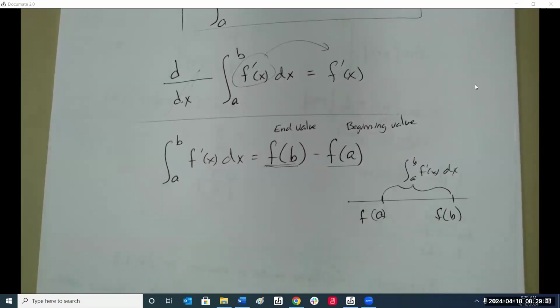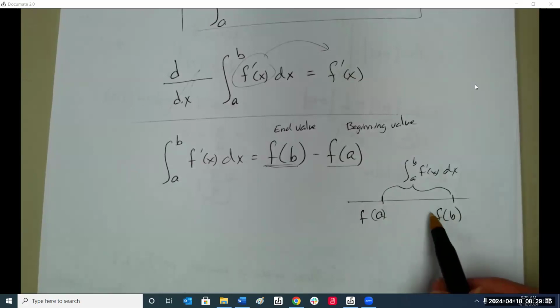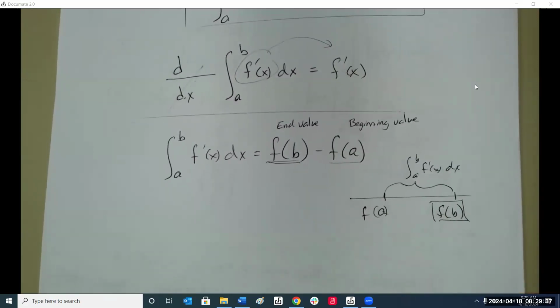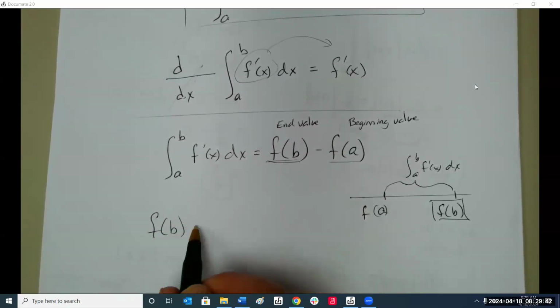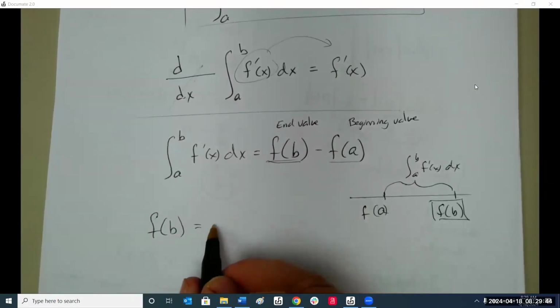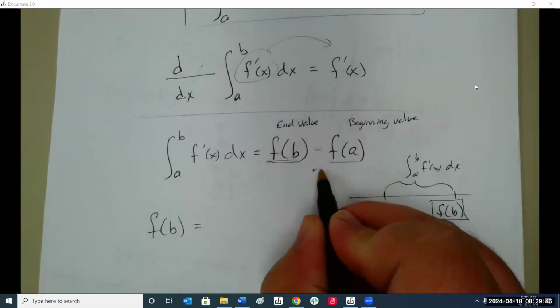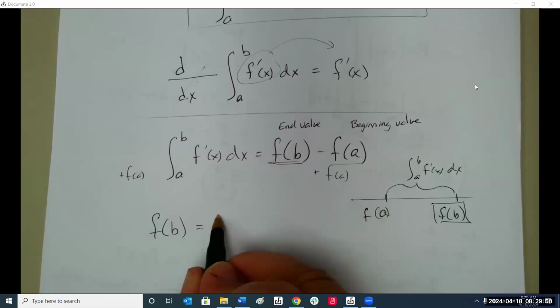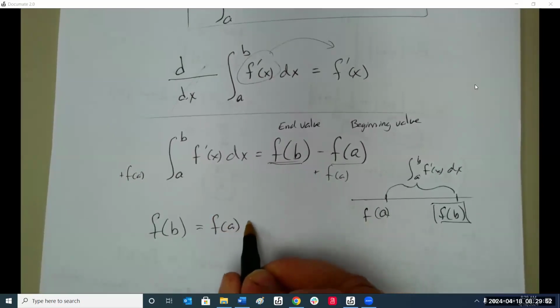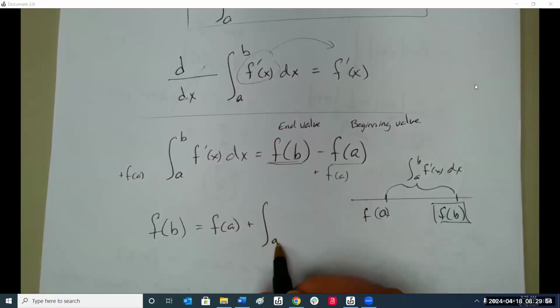It's the difference of the two. So we can find the end value if we have this equation.